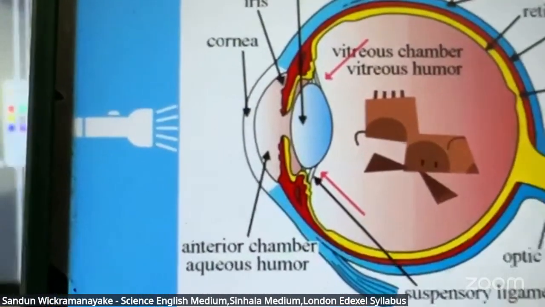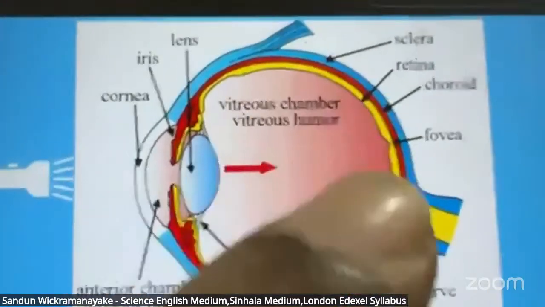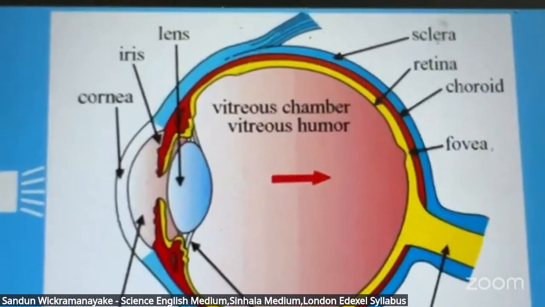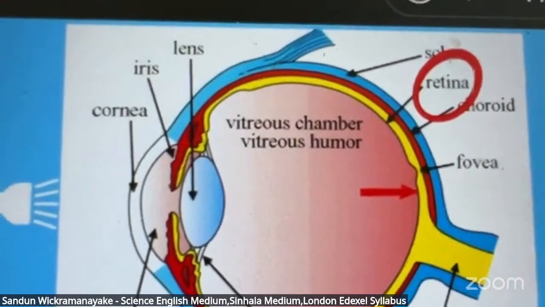Okay. Like that. After that, the retina has two kinds of cells. One is rod cells, and the other one is cone cells.